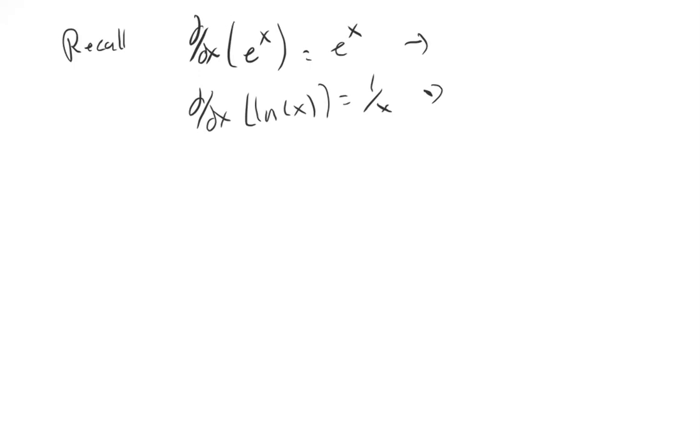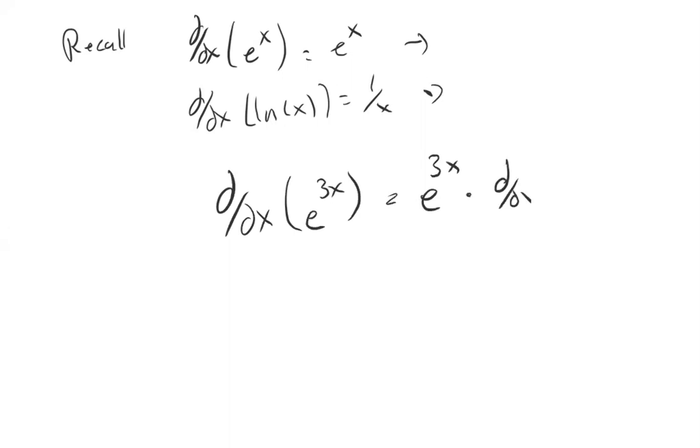It's always happening, right? So let's take, for example, if we have d dx of e to the 3x. The way this works with the chain rule is we leave it alone and then multiply by the argument.